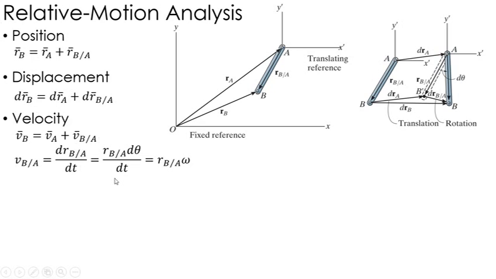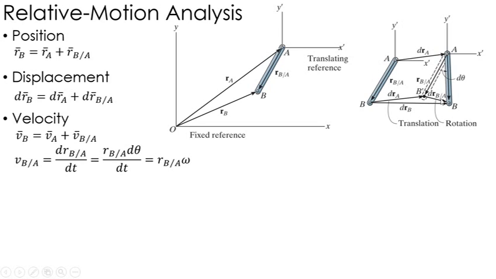However, now we know some definitions of the time derivative of theta. So again, if I think about the velocity, just looking at the last term here, the velocity of B with respect to A, that is the time derivative of R of B with respect to A. Now, if I think about that displacement, dRB with respect to A is just RB with respect to A times d theta, right?